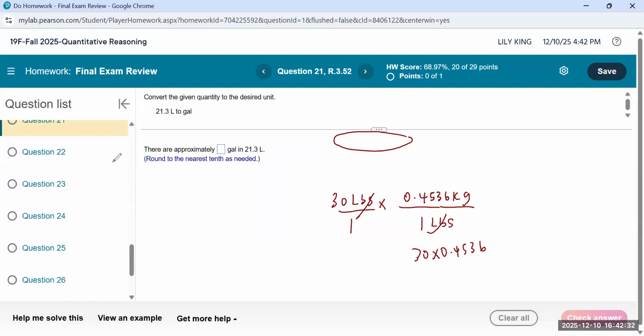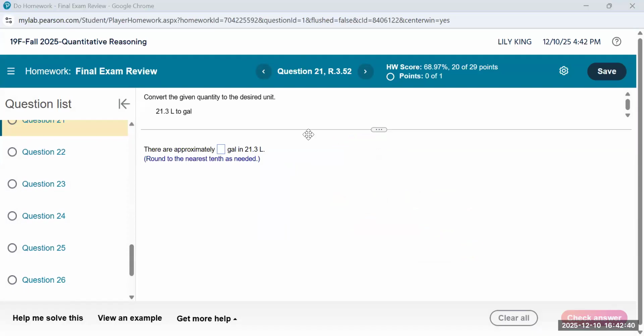All right, next question is 21.3 liters to gallons. So another measurement conversion. So starting with my given measurement, which is 21.3 liters, using the factor label method, I'm going to express that as a fraction over 1. And you go to your formula sheet and you find the conversion factor that will help you convert from liters to gallons. So on the formula sheet, you have 1 gallon is equal to 3.7854 liters.